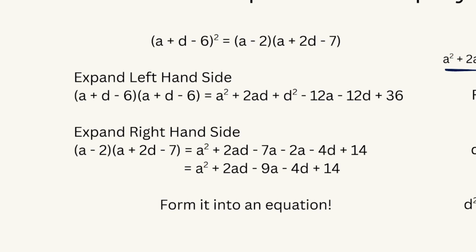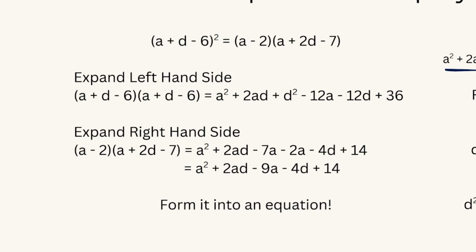To expand the right hand side, we multiply those two expressions, which makes it A squared plus 2AD minus 7A minus 2A minus 4D plus 14, which simplifies into A squared plus 2AD minus 9A minus 4D plus 14.